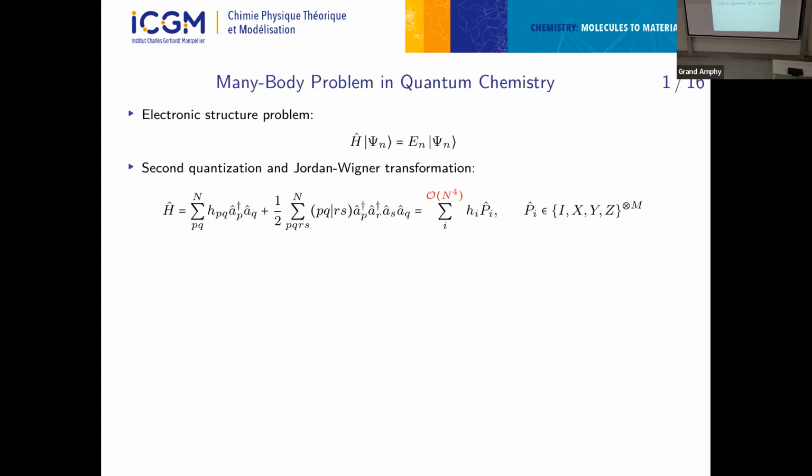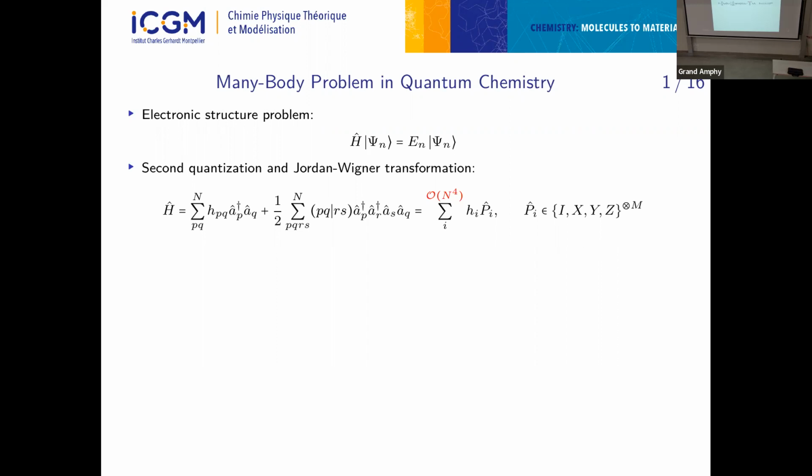So let's start with the problem that we want to solve. Of course, we are interested in the electronic structure problem, a time-independent problem. So we have the Hamiltonian that we will usually write in second quantization, and we want to extract the eigenstates and the energies, so the eigenvalues, of this problem.